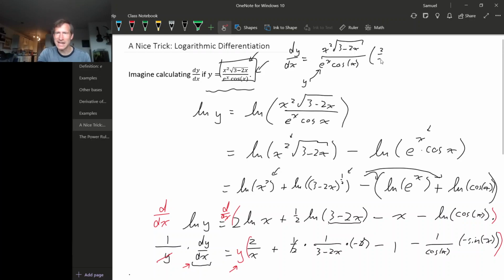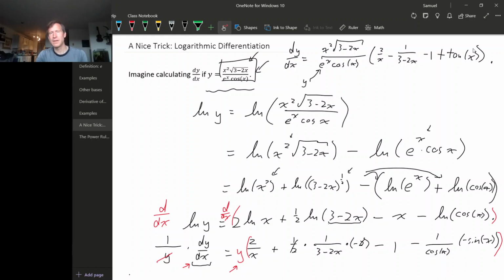So 2 over x minus 1 over 3 minus 2x minus 1, and then minus and minus means plus, and then sine over cosine, that's tangent.